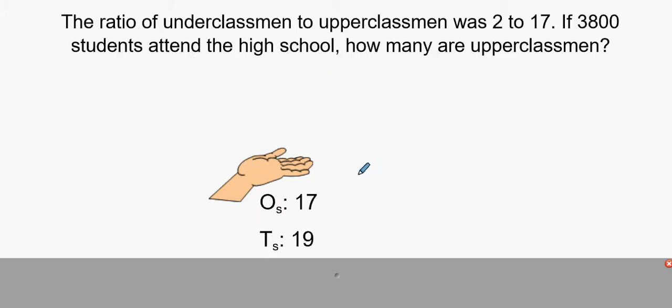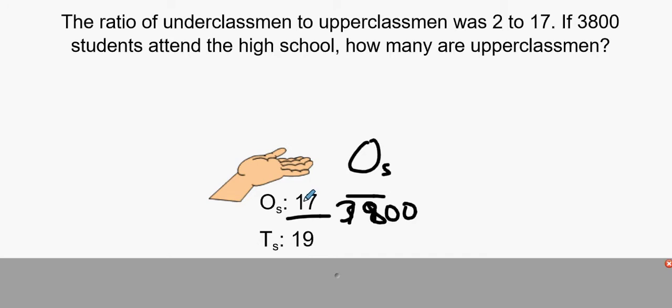How many older students in the enrollment? We don't know. How many total, including underclassmen? 19. I'm sorry, 3,800. And the ratio over here is 17 to 19.